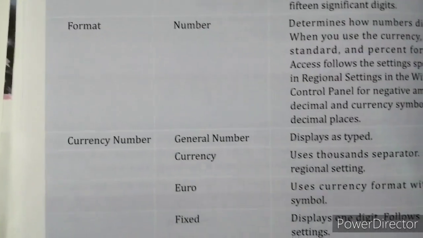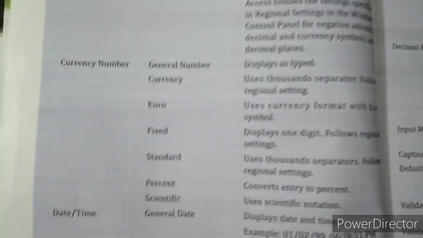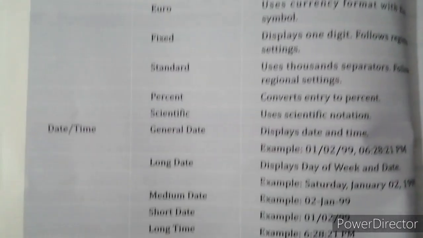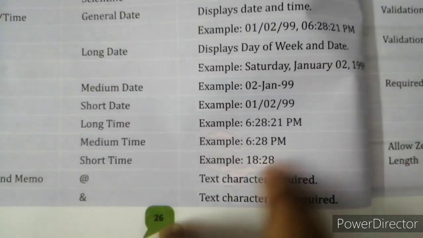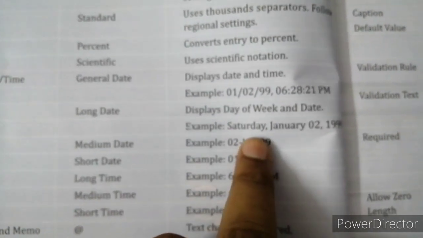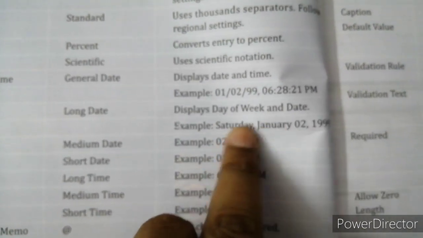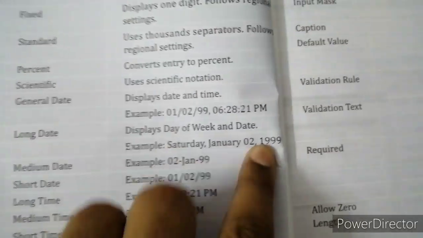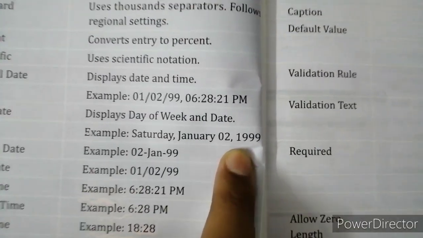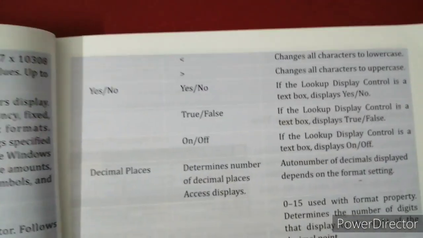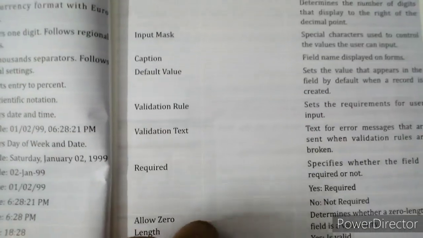Currency, numbers, we just have to see the comments over here, nothing important, just go through it. Examples have been given. See, this is date and time. Example, suppose this is date January, Saturday, and the date has been given over here. These are all the comments given here. So go through all these comments.